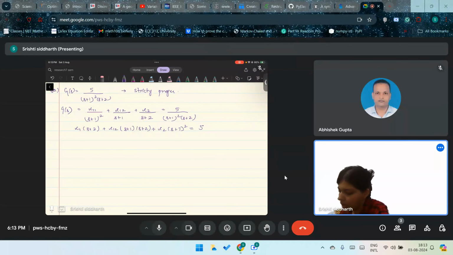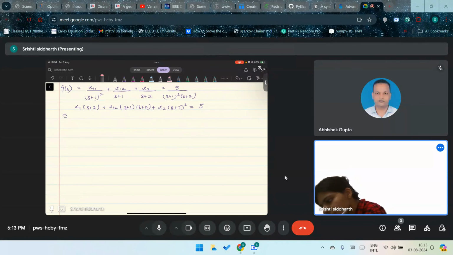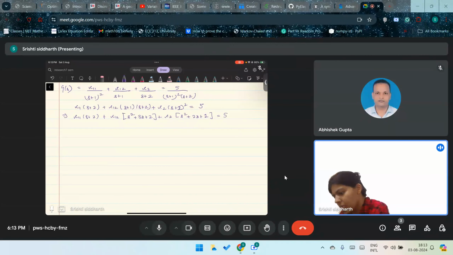This is just 5. So let's expand them first. So this is s square plus 3s plus 2, plus C2 times s squared plus 2s plus 1 equals 5.